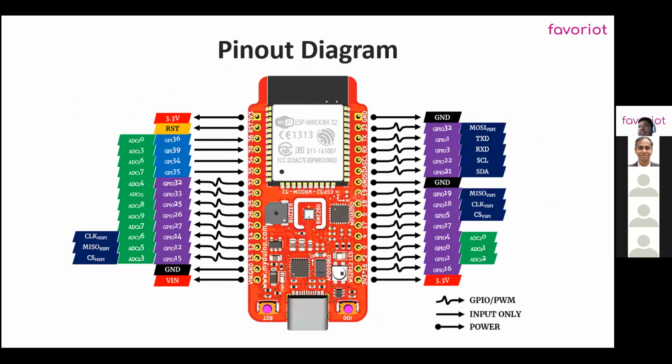Okay, this is the pinout diagram for the Hibiscus. You can see here, this is the power pin, 3.3 volt. There is a reset pin, and then also GPI and GPIO here, and ground. This is the pin for source power.